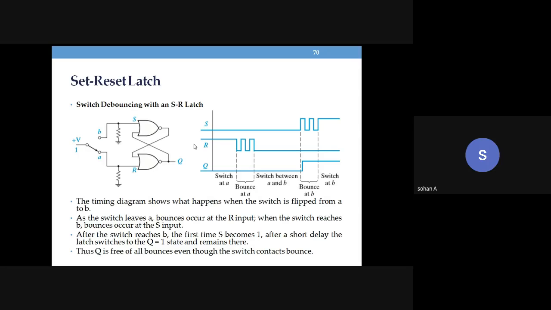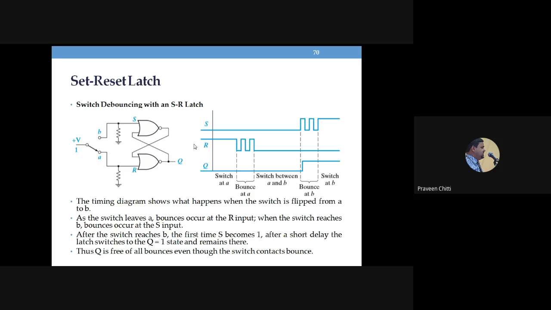It is like a spring action. You have seen a spring: when you press the spring, what happens? It will not remain there only, it will bounce back. The same action is called bouncing here, because mechanical switches have a spring-like structure. And we use the SR latch to overcome this.